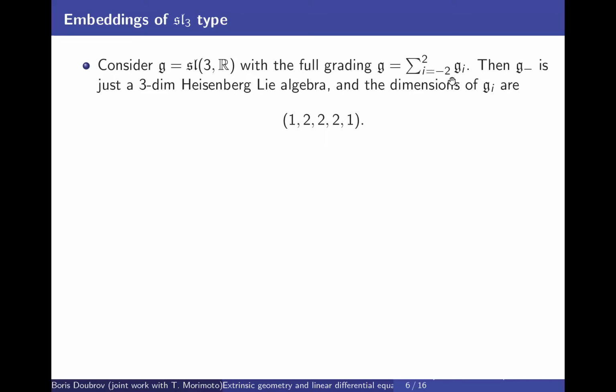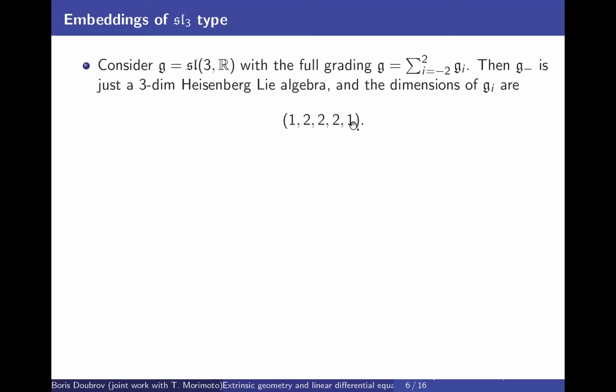Elements of the diagonal have degree 0, those right above the diagonal have degree 1, and the top right corner will have degree 2. If you go down, it will be -1 and -2 respectively. So the grading goes from -2 to 2, and the dimensions of G minus 2, G minus 1, G0, G1, G2 are exactly 1, 2, 2, 2, 1.